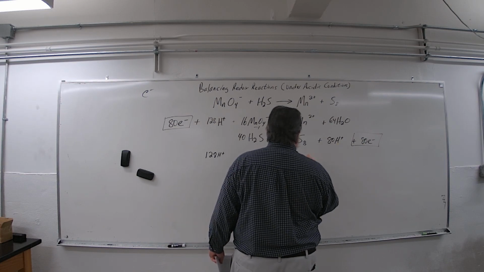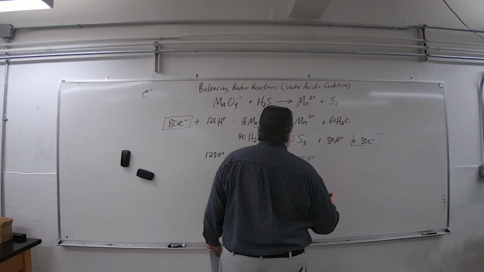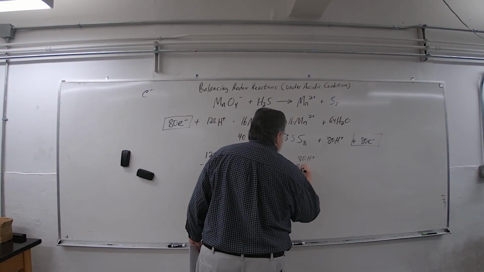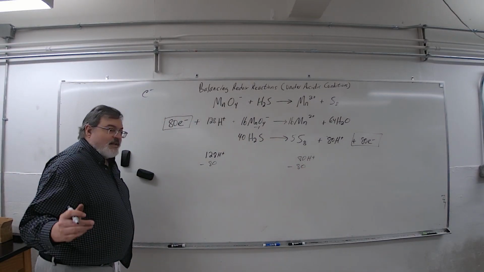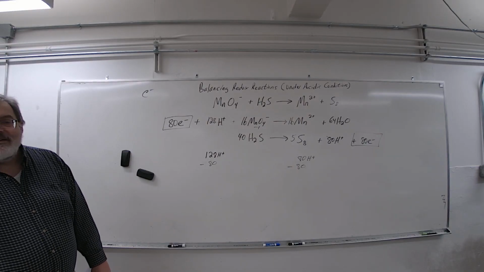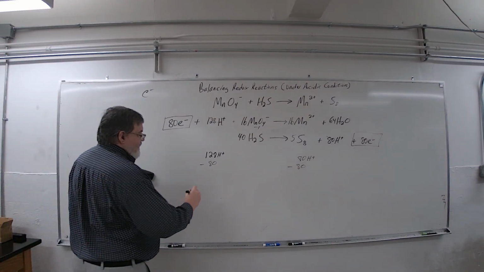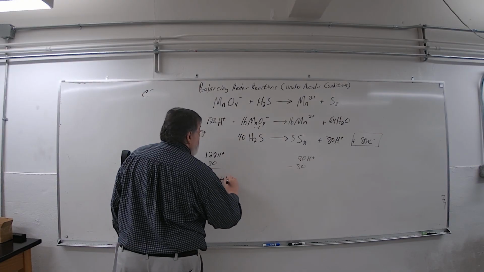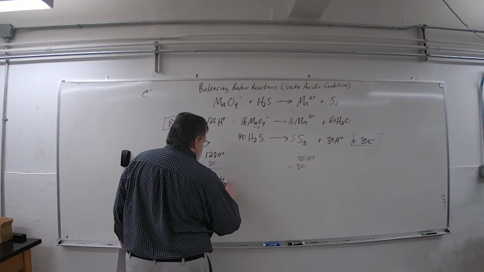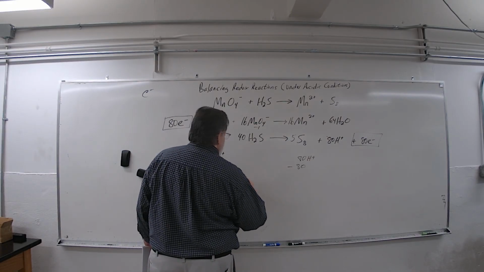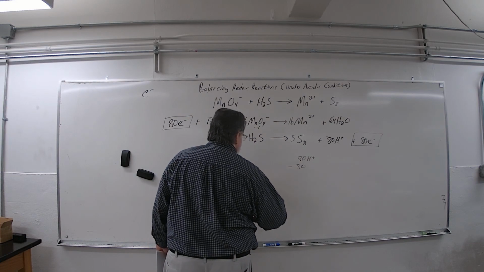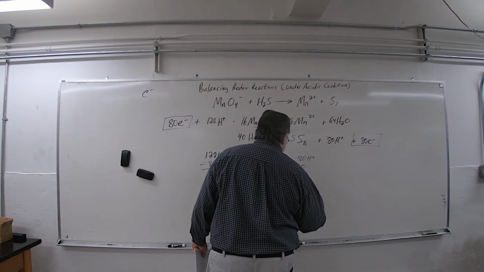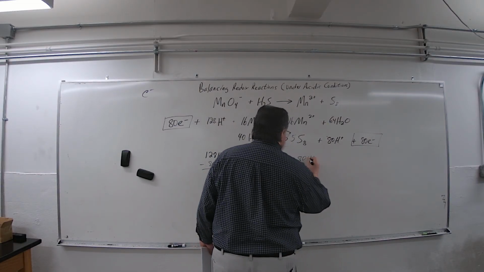So if we bring just those down, we're going to go minus 80, minus 80. 128 minus 80. 48. 48. Here we will have, and then I'll just bring those down. 48H plus 60. 40. These went to 0.